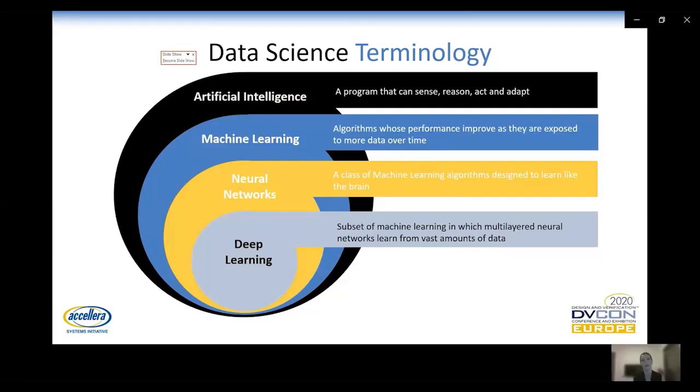Neural networks are a subset, one type of machine learning algorithm. The reason that I'm calling them out is that they're relatively unique because they were built in order to mimic the way that the human brain works. And for those of you who have heard the term deep learning, this is actually an advanced class of neural network.